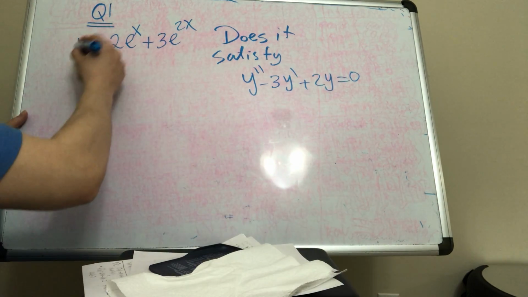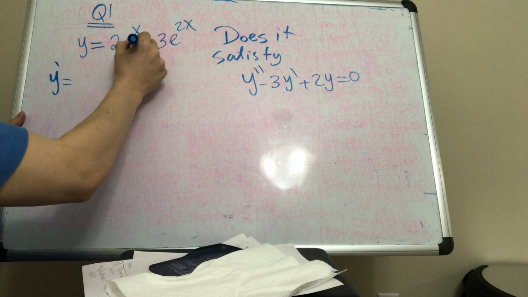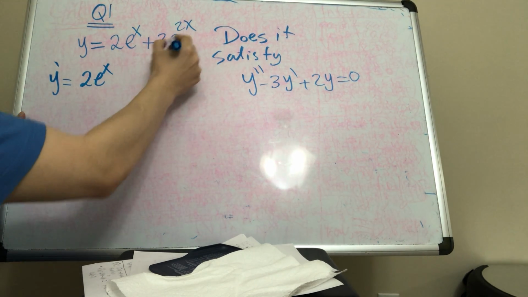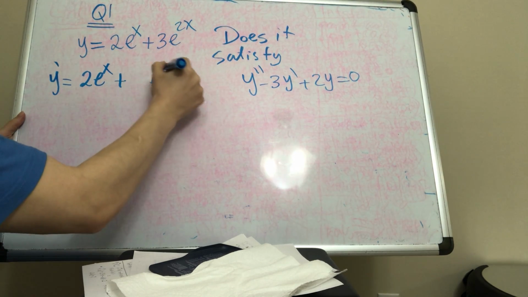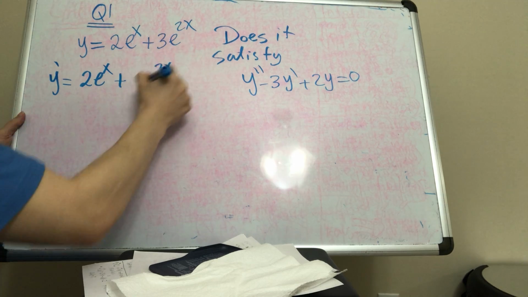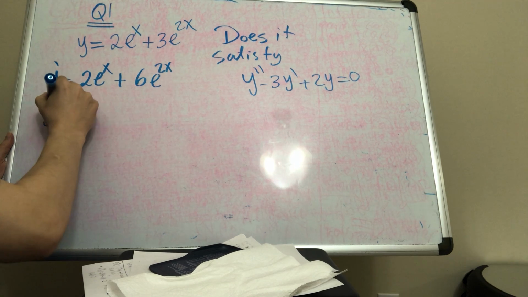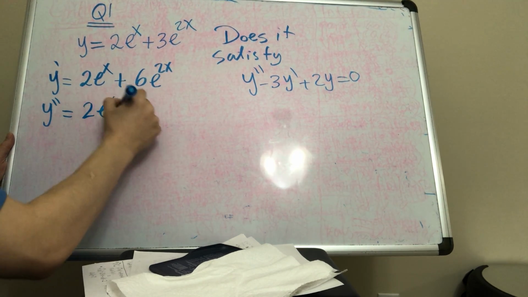Well, let's see. So first, we need to take the derivative. You know the derivative of 2e^x is 2e^x. The derivative of this would be e^(2x) times 2, and the 3 becomes 6. To take the second derivative, this one is itself.